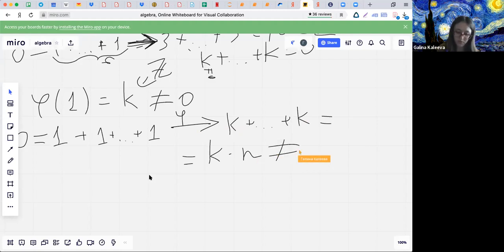This is 6, not n, actually. k multiplied by 6 in integer numbers is non-zero when k is non-zero, and we took non-zero k.